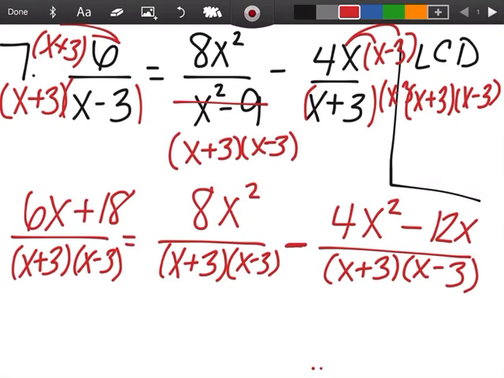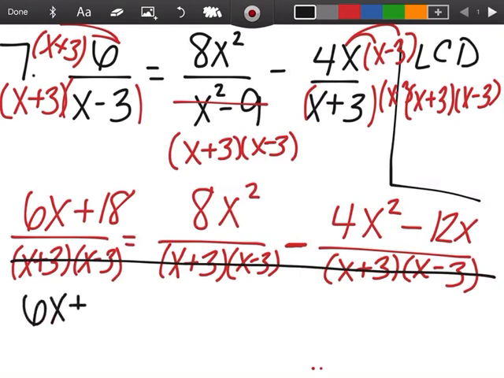And so here's what I'm going to do. Mathematically, what I'm doing is multiplying both sides by the quantity x plus 3 times the quantity x minus 3. But all that's going to do is cancel out the denominators. So I'm left with 6x plus 18 equals 8x squared, and let's be careful with this subtraction.